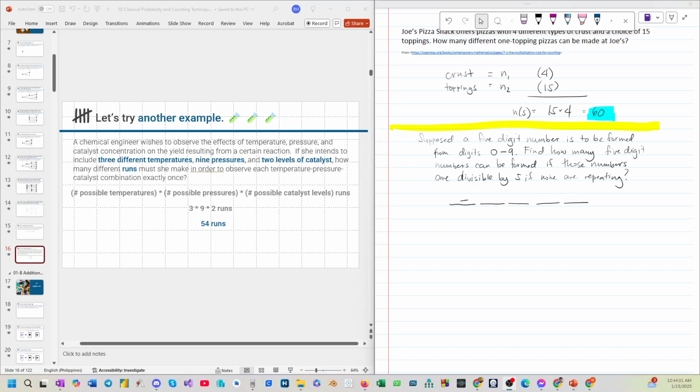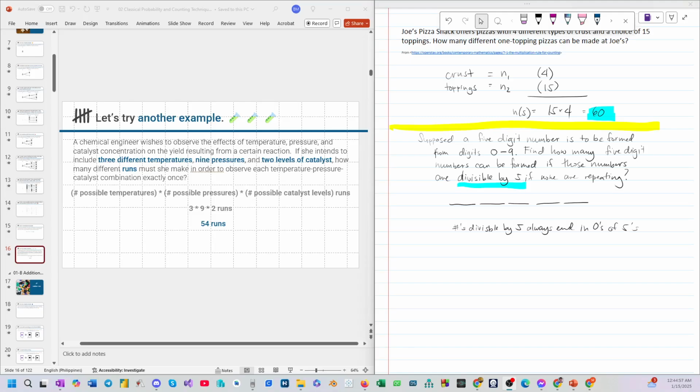Okay? So, to solve this, we first have to determine muna, divisible by 5. So, what are the numbers divisible by 5? In the pattern of numbers, numbers divisible by 5 always end in zeros or fives.